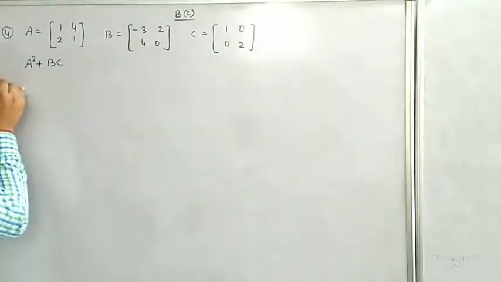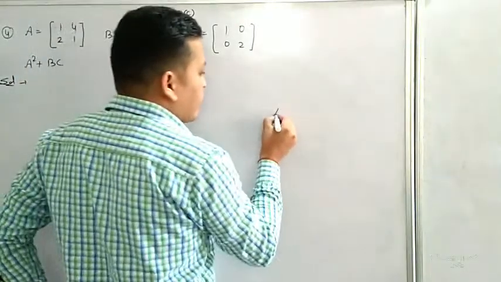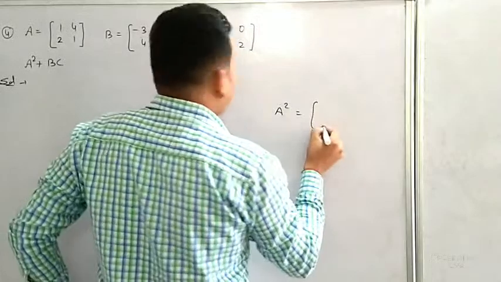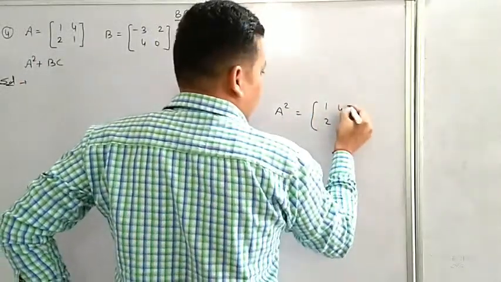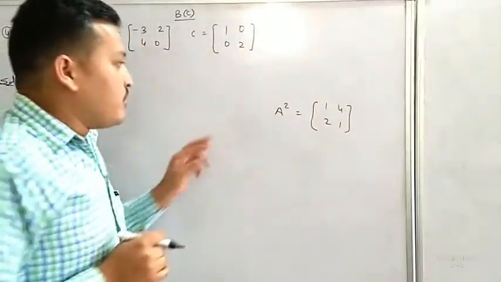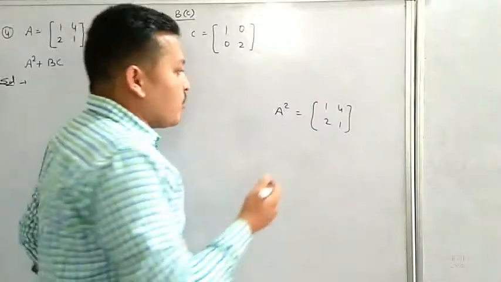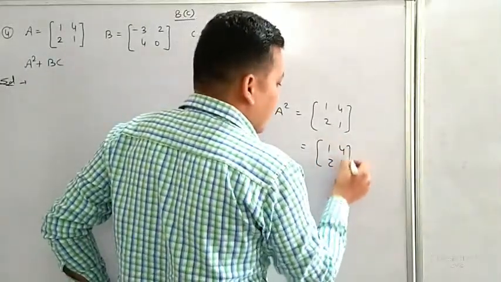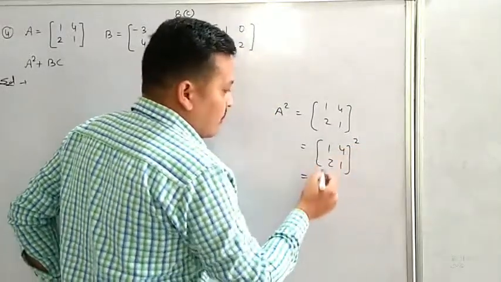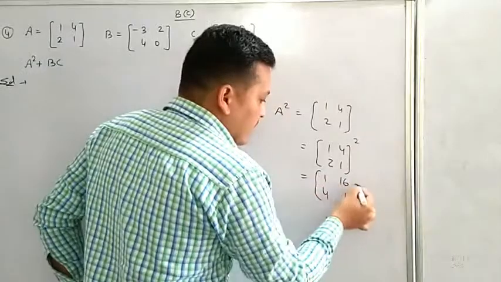This is also a very simple thing. One more thing: it is given here A square, where A is 1 4 2 1. Sometimes you might think A square means the square of each element. So if you square this matrix 1 4 2 1 element by element, you get 1 squared is 1, 4 squared is 16, 2 squared is 4, 1 squared is 1. Is that the answer?